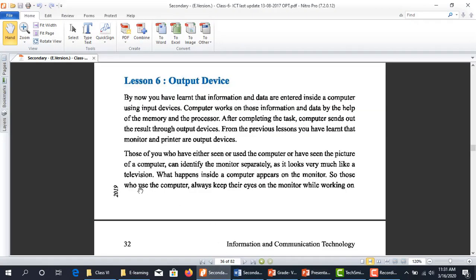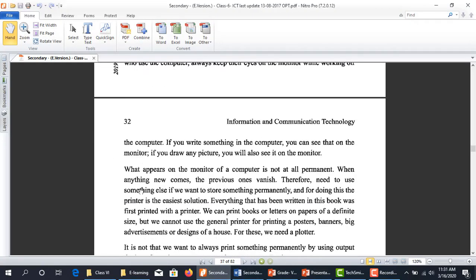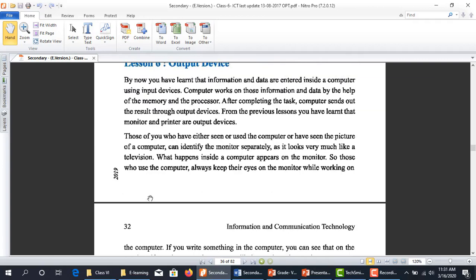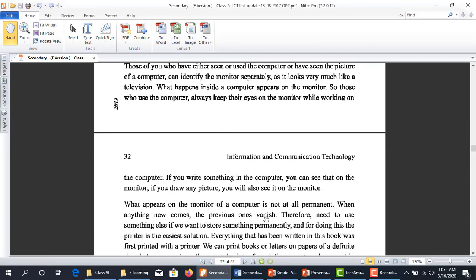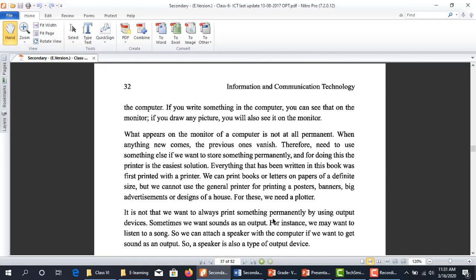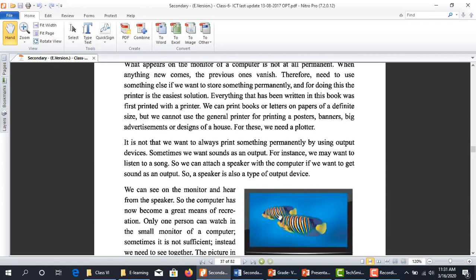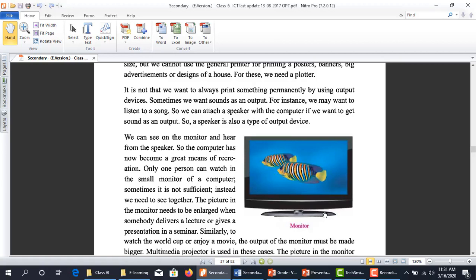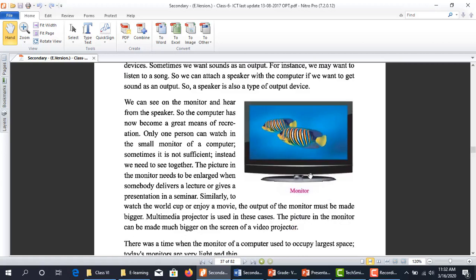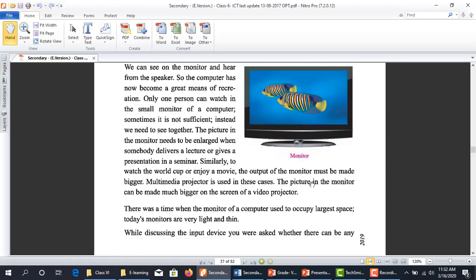Output devices, you have to read all the things in the book. I cannot read it all because the video is very short, so you have to understand it. I'm just giving you topic-based information. The first device is the monitor. When you write something, you see it on the monitor, so the monitor is an output device.